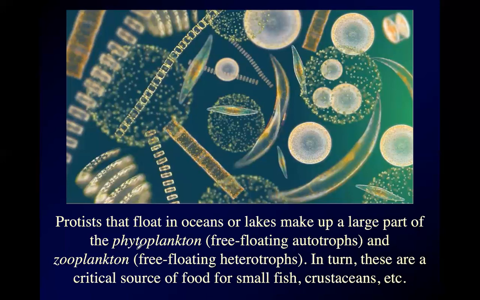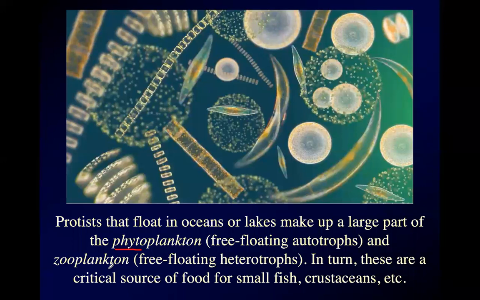So the phytoplankton is any living thing that is an autotroph and just floats in the water. Anything that makes the water of the pond green when you look at it in the summer is going to be phytoplankton. A lot of protists are in the zooplankton, that's free floating anything that eats other living things.